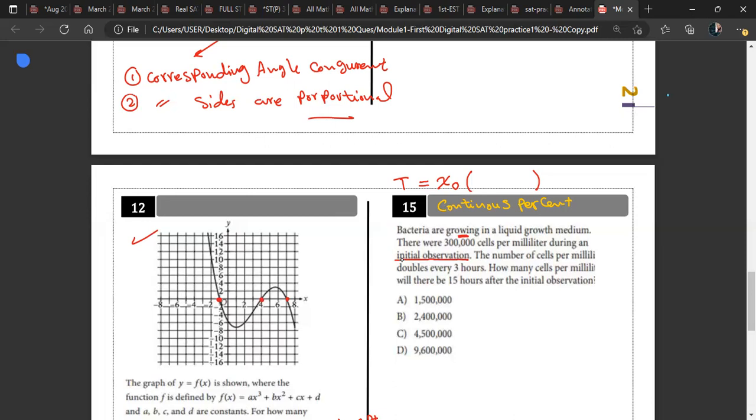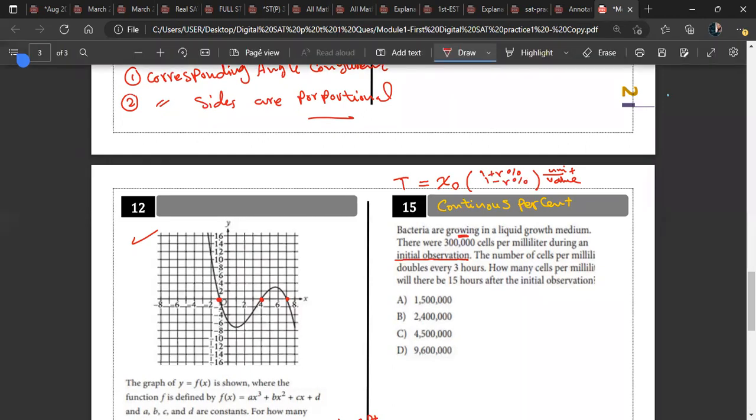And here you have the power, which is unit over value. Inside the bracket, you put 1, maybe increase by a specific percent, 20%, 30%, then it will be 1 plus R%. And if you have decrease by R%, it will be 1 minus R%.